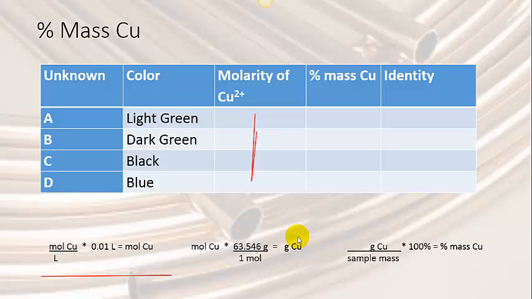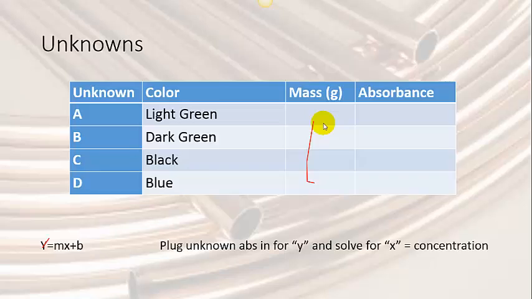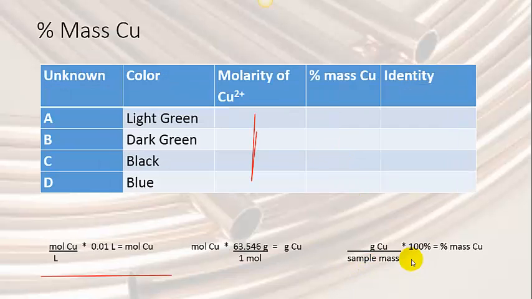So our part is our grams of copper divided by our total sample mass. This is the mass that you had, let's see, yep, right here. So from this table, this is the mass that you measured out, about 0.15 grams. That's your total sample mass times 100. That gives you your percent mass of copper.